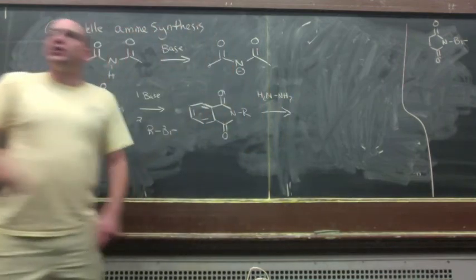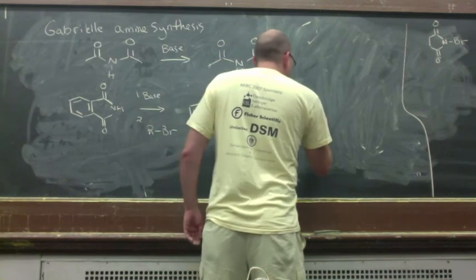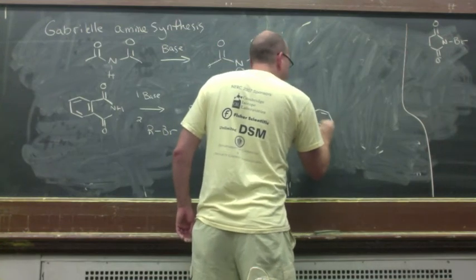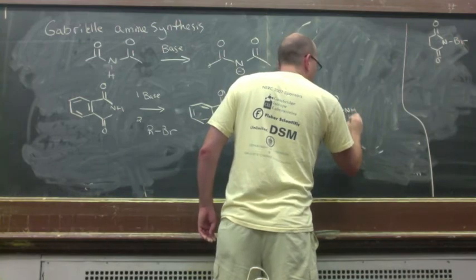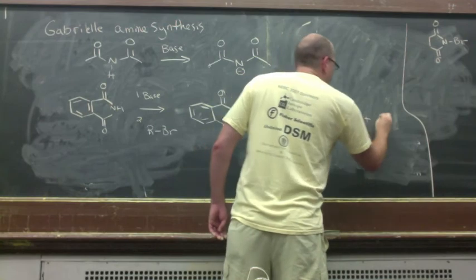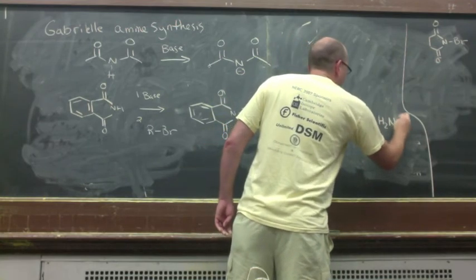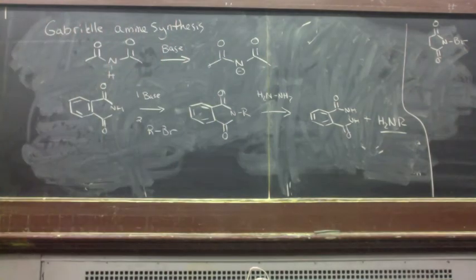What the hydrazine is going to do is hydrolyze this overall system, and what you end up with is this, plus your amine, which is what you care about. So this is an option with imides if you want to generate primary amines.